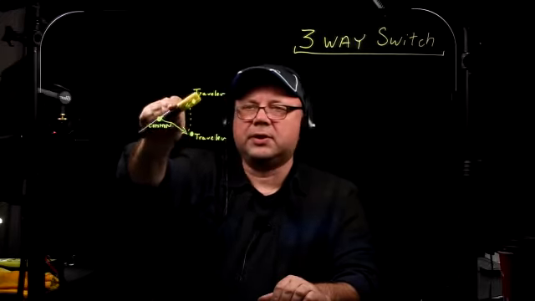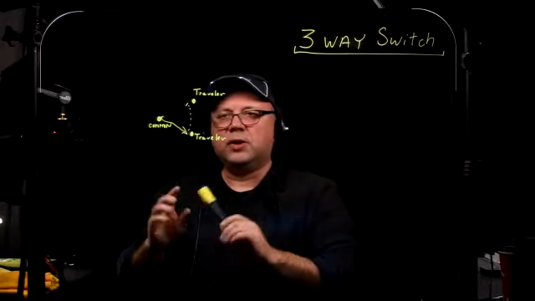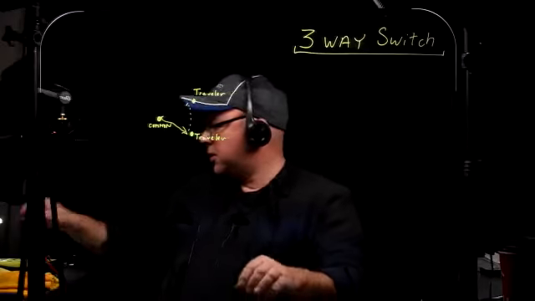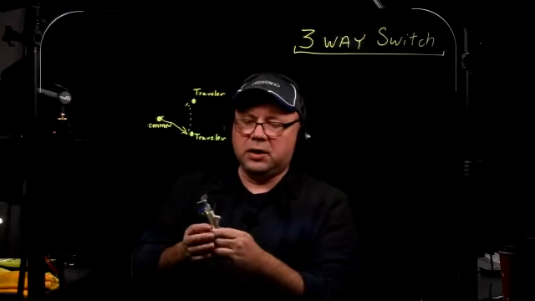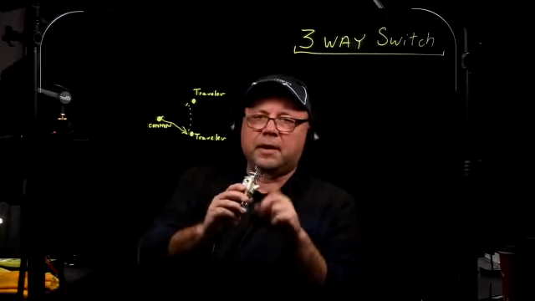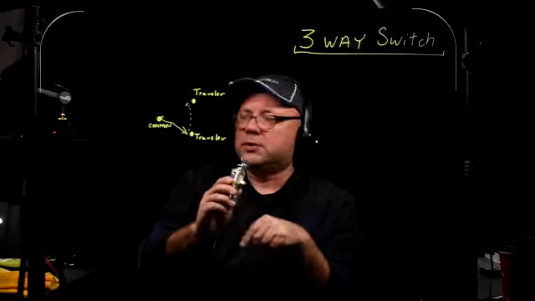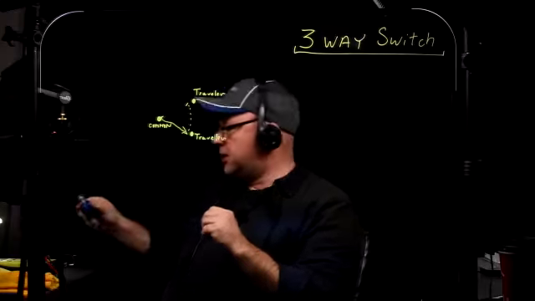Either this or that. Any idea which terminals will never, ever make a connection with each other, and it doesn't matter which way you flip the switch? Travelers. Yes, travelers will never contact each other.